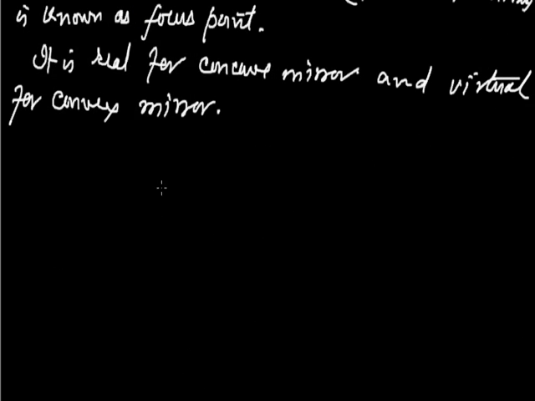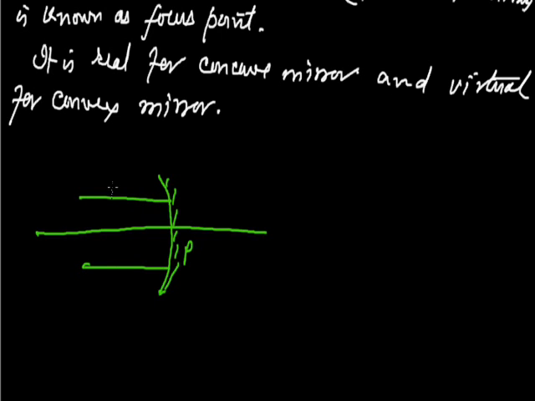This one is mirror, concave mirror, principal axis. This one is pole. Rays parallel to principal axis, after reflection they will meet. This point is known as focus point.